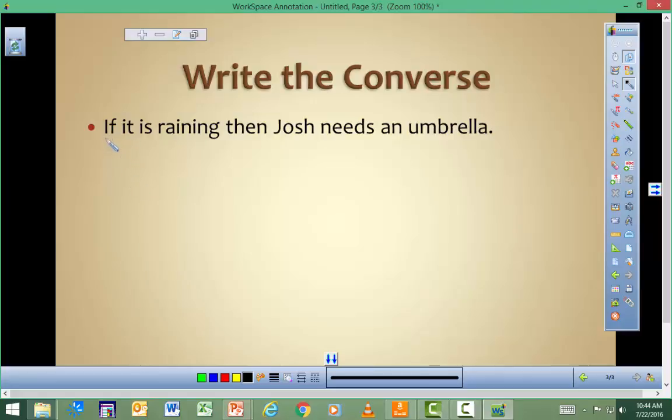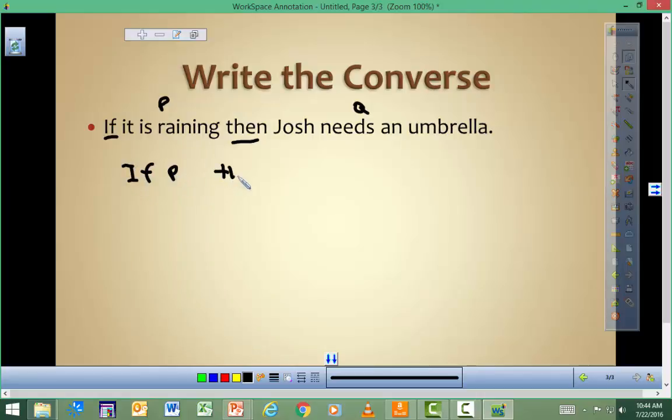It has an if part and a then part, and this part here is the P, this part is the Q. Remember, that's how we write the conditional statement: if P, then Q. To write the converse, we have to switch the P and the Q. So then we'd write: if Q, then P. Now, sometimes to do this, you have to play around with the words a little bit, and sometimes you have to even add in a few extra words just to make sense of it. So this would be the converse.